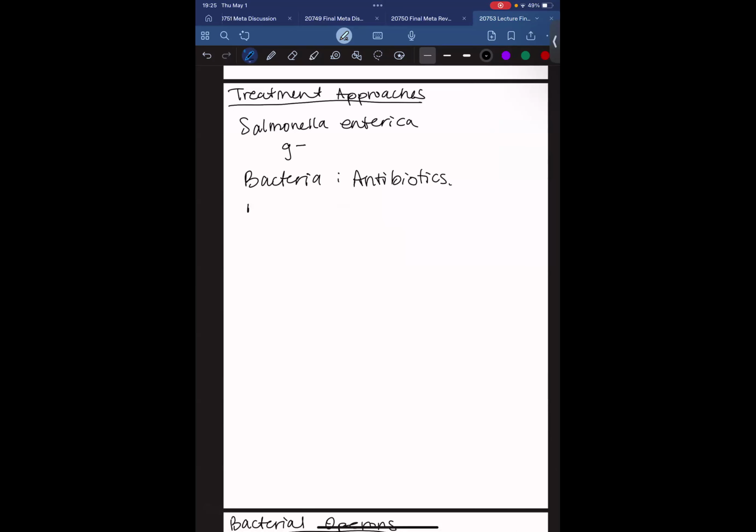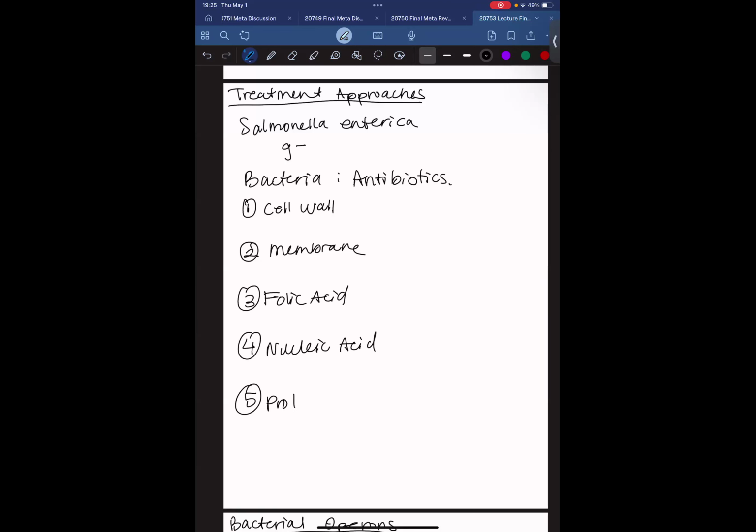So we have several groups of antibiotics: the ones that attack the cell wall, the ones that affect the membrane, ones that affect folic acid synthesis, ones that affect nucleic acid synthesis, and ones that affect protein synthesis, or the ribosomes themselves.